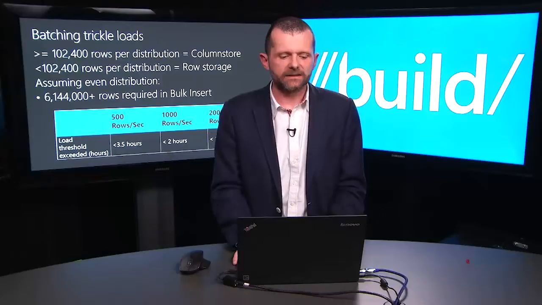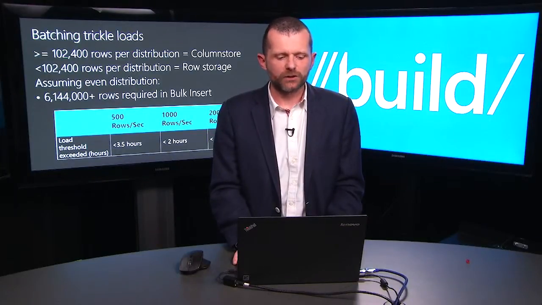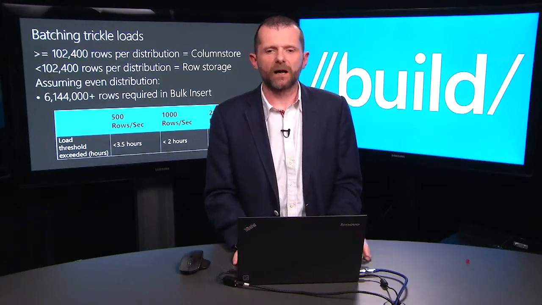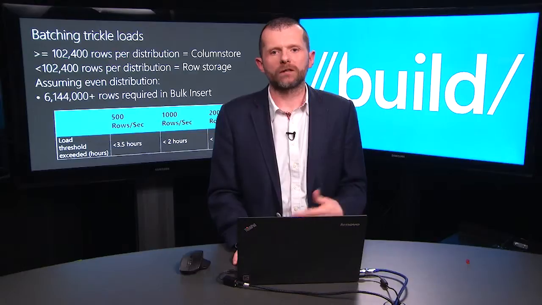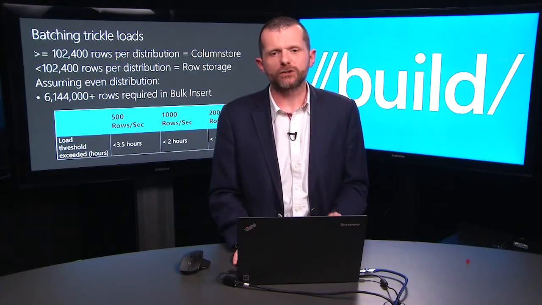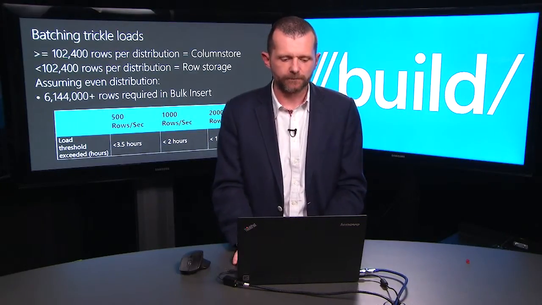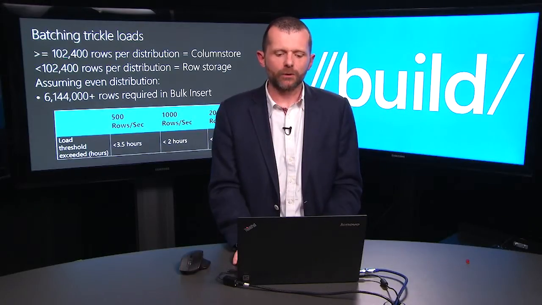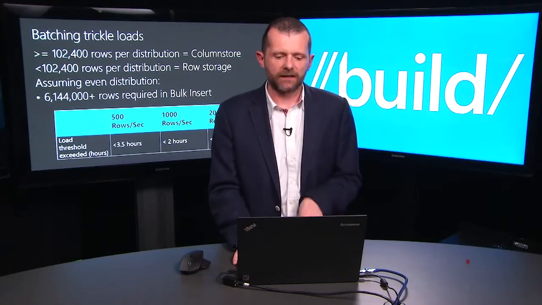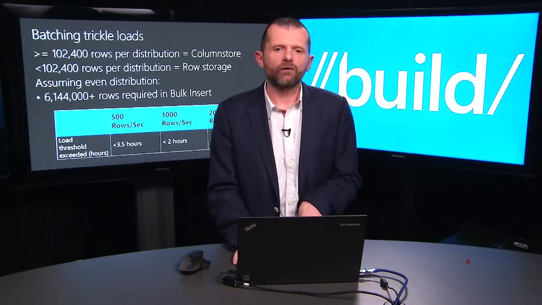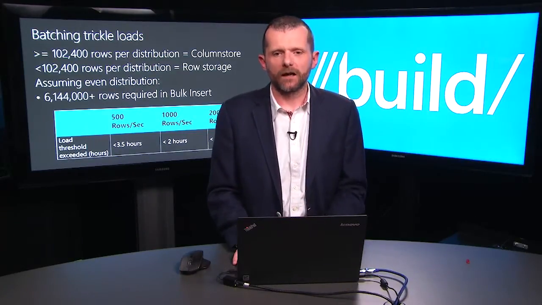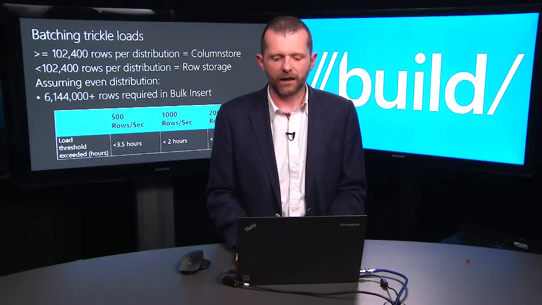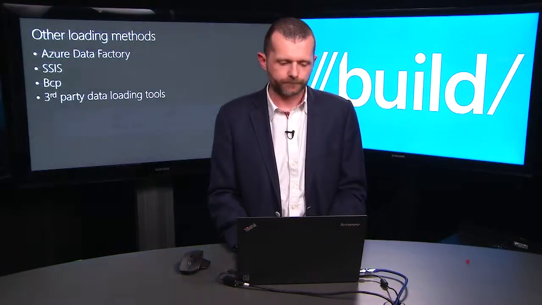If we have 60 distributions, that means that we need to have an input of 6.144 million rows to get over that threshold, assuming we have an even distribution. So on that basis, at 2,000 rows a second, you would need to hold off your load till you got to about the hour mark before you would consider making a load of data.